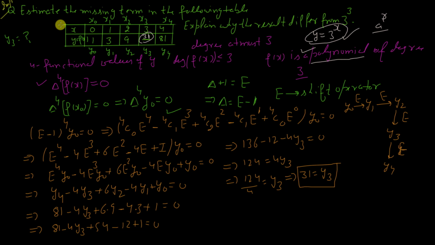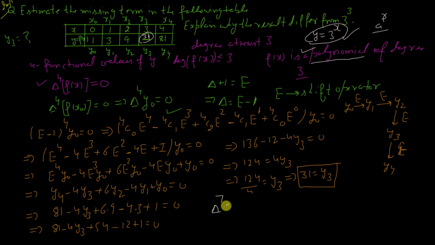So in this question we have estimated the missing term and explained the reason why it is differing from 3 raised to the power 3. And if we are given, let us suppose, 7 functional values, in that case what logic will you use? You will use the logic like we are given 7 functional values, so it can be a polynomial of degree at most 6.